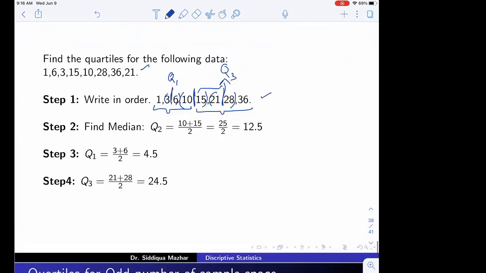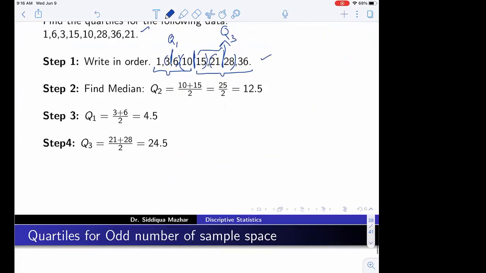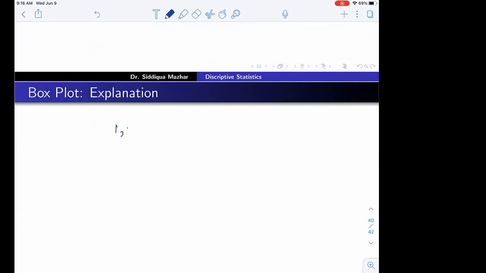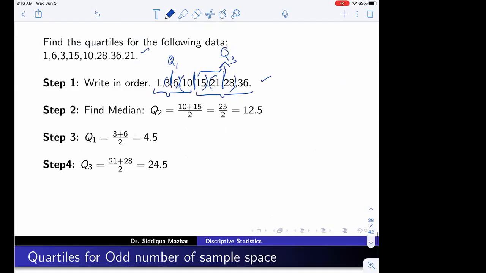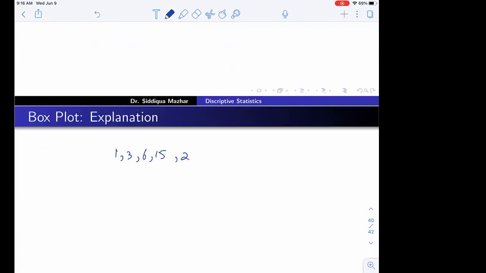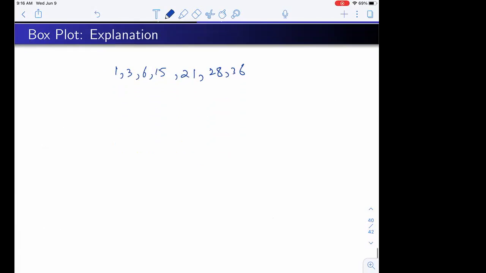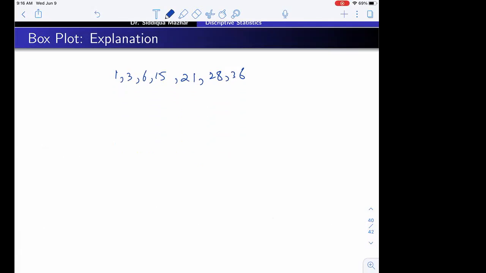Let's make it for the first example, 1, 3, 6, 10, 15. Let me write it down: 1, 3, 6, 10, 15, 21, 28, 36. So what you have to do is make it in graphical form. The minimum value is 1, and the maximum value is 36.